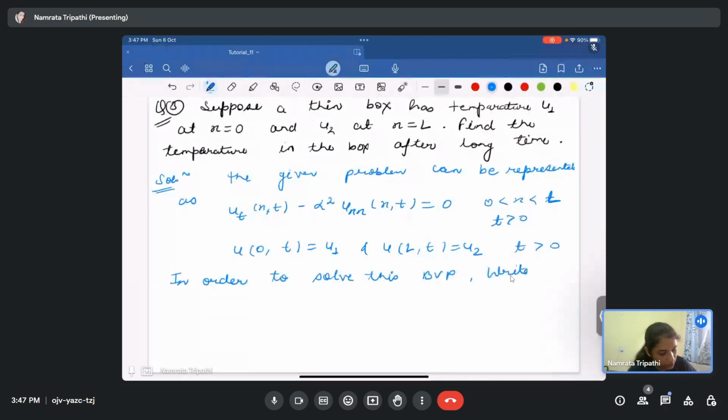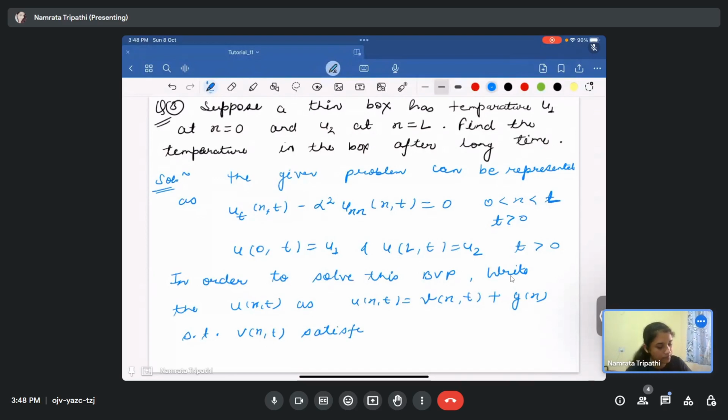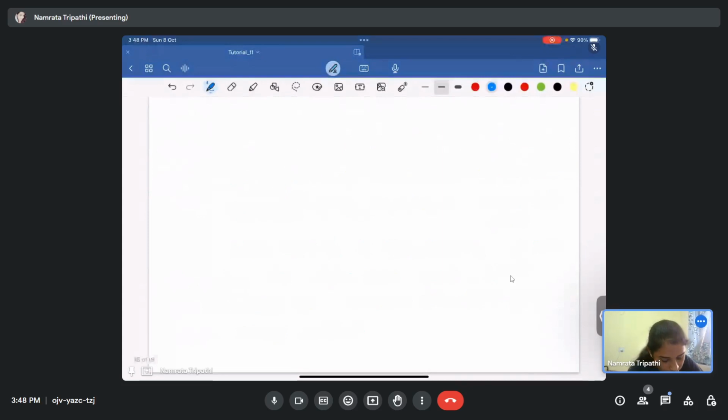So can we write the unknown u(x,t) as some v(x,t) and g(x), such that v(x,t) satisfies the boundary value problem for v(x,t).